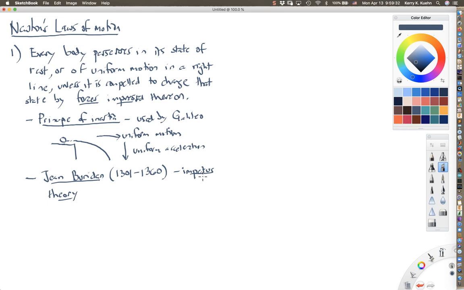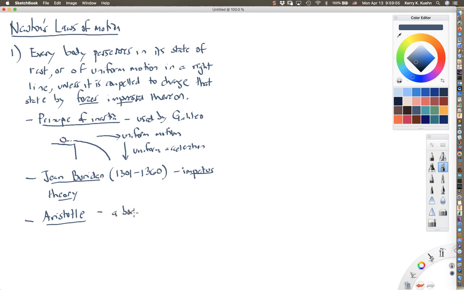Okay, let me say one other historical note here. So I've been talking about Galileo, Jean Buridan, and also let me mention Aristotle here by way of contrast. Aristotle did not believe in inertia in the same way that Newton did. What he believed in his physics is that a body left to itself will seek its natural place.